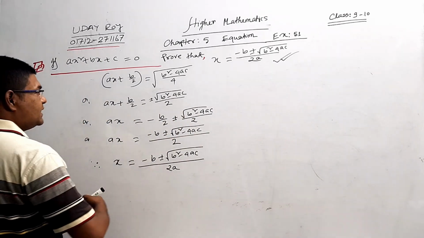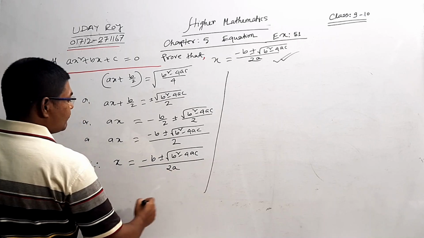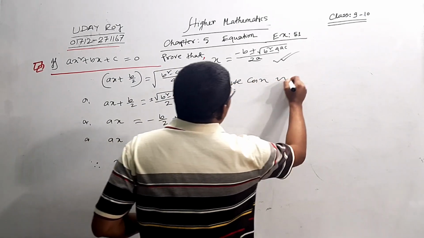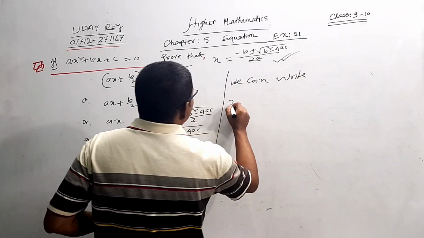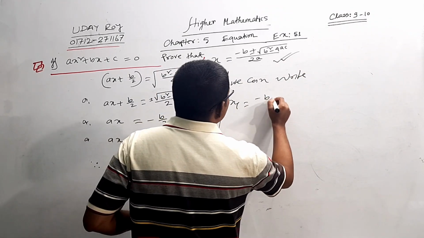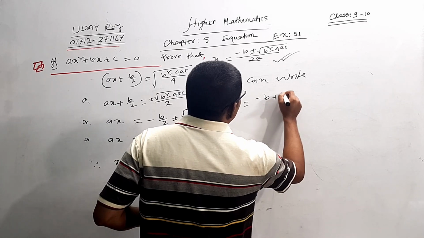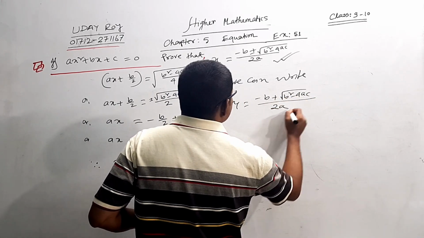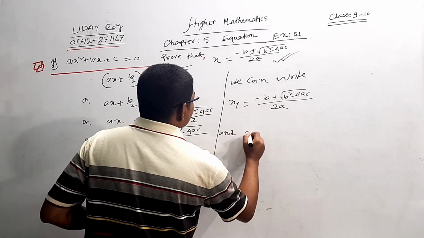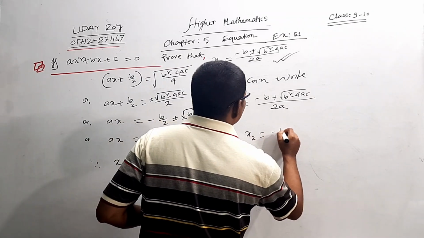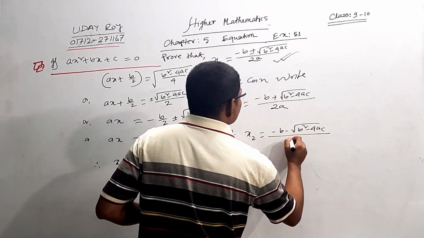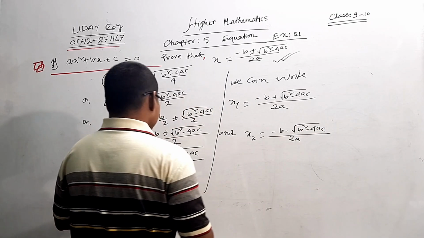If we follow this equation, x1 equal to minus b plus square root of b square minus 4ac divided by twice a, and x2 equal to minus b minus square root of b square minus 4ac divided by twice a.